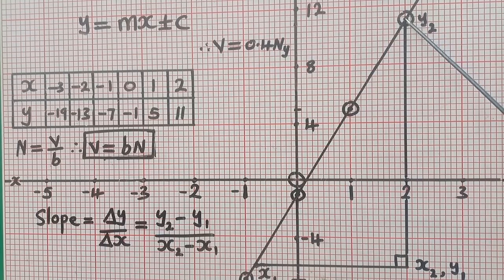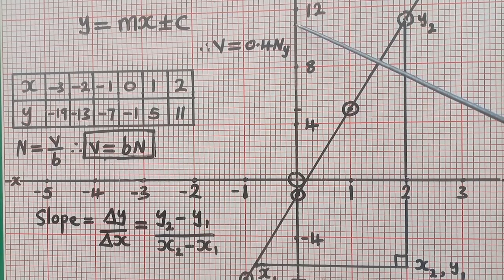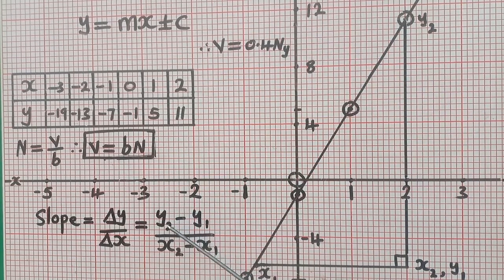It is here. It is the value of y at this point. That is called y2. Please, this is not the y-axis, but it is parallel to the y-axis. So what we do is that if we must find the value of y2, we trace this to the y-axis, to this point, which means it is the value of y at this point that we refer to as y2.